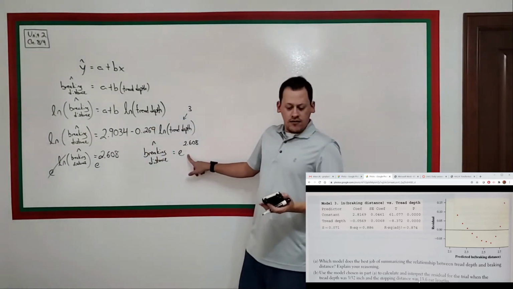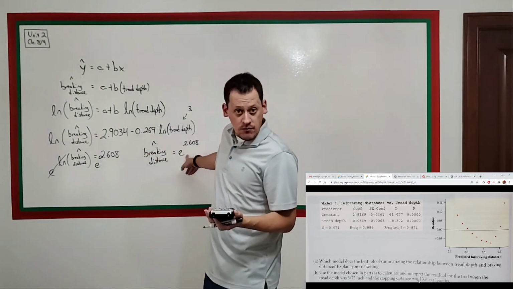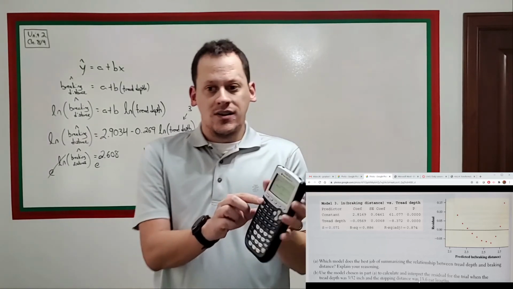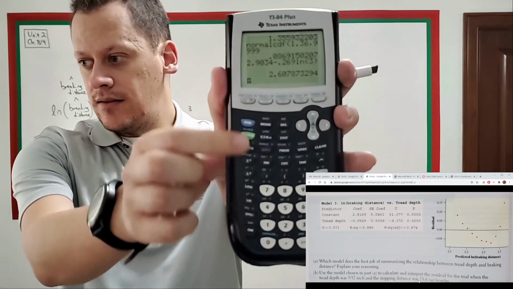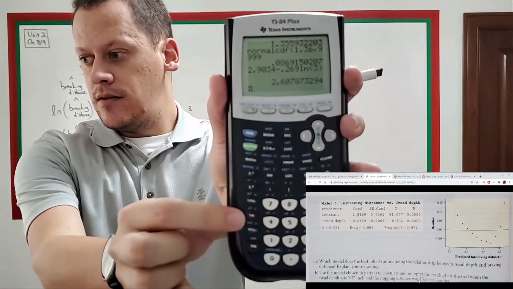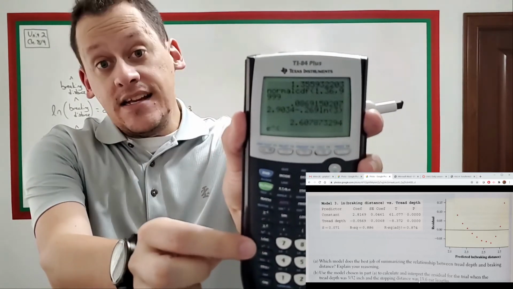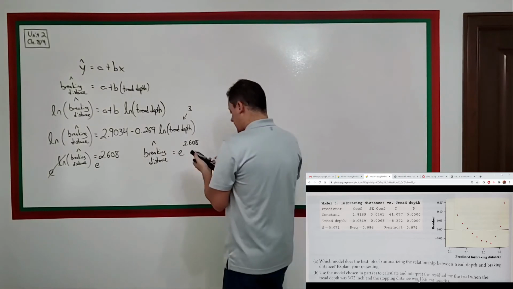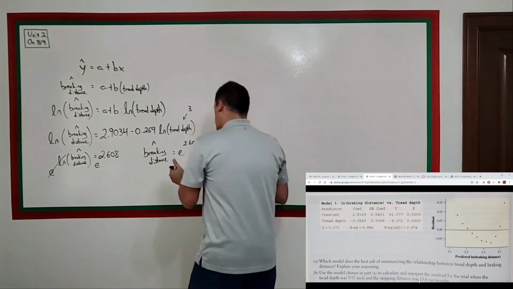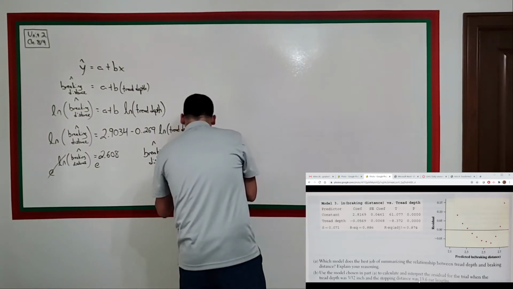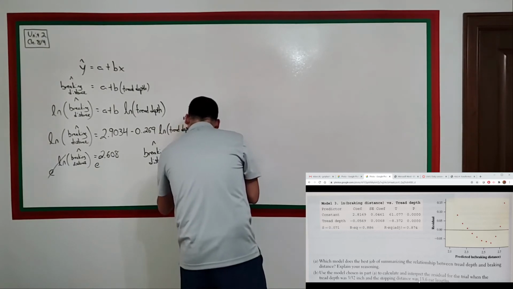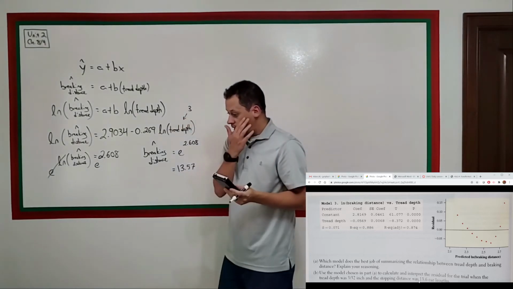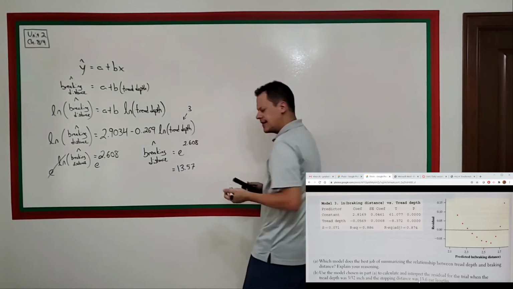To get this on your calculator, the ln button, if you do second ln, it does e to the power of. And then you just do your 2.608, and you get 13.57, and it's measured in car lengths.